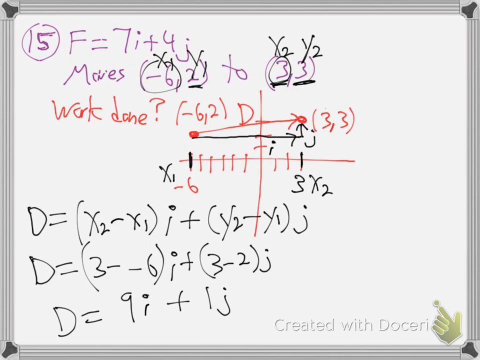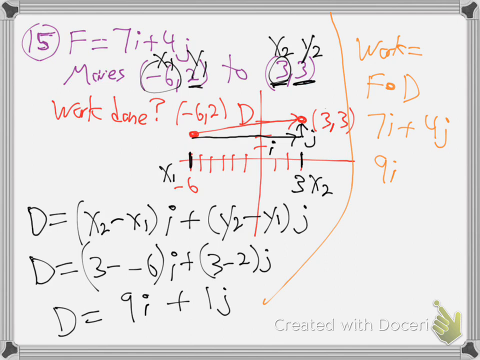So I'll do it over here, I guess. Work is force vector dot distance. So I've got 7i plus 4j, and I've got 9i plus 1j, and I'm doing the dot product. 7 times 9, 63, 4 times 1, 4.